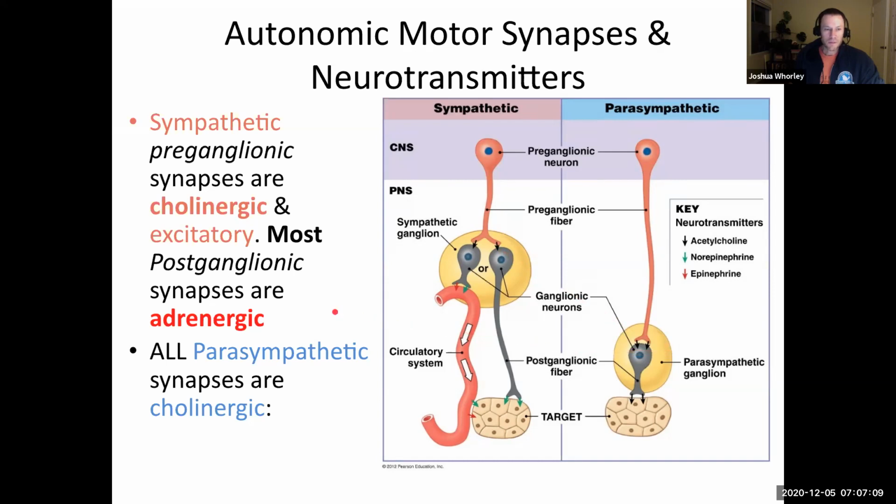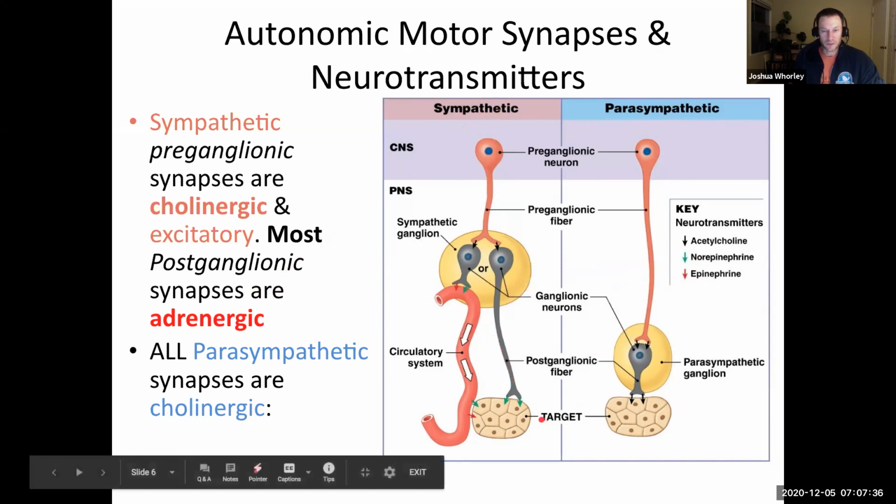Now, most of the postganglionic fibers, so here in the sympathetic nervous system, are adrenergic. That means most of them release norepinephrine or epinephrine. And you can see here that sometimes epinephrine is released into the blood, but more frequently norepinephrine, this green, is released into the blood.